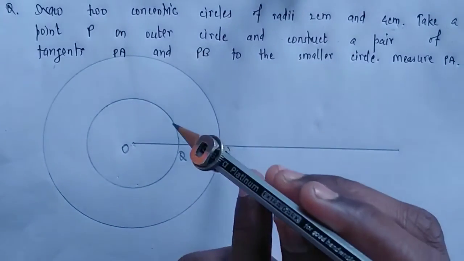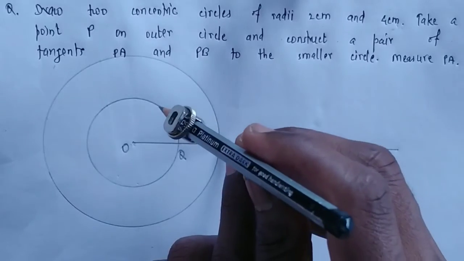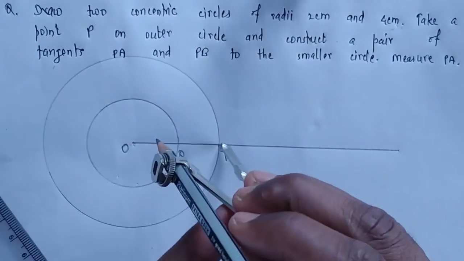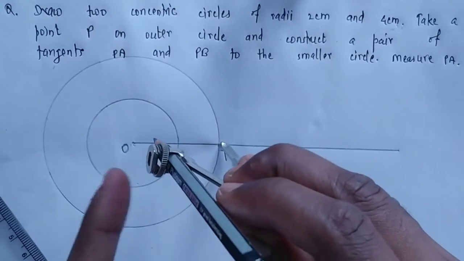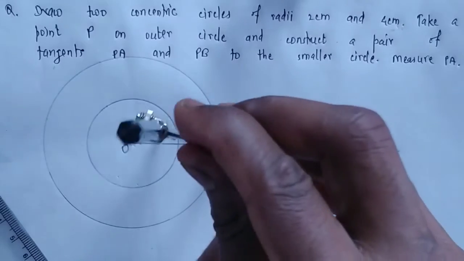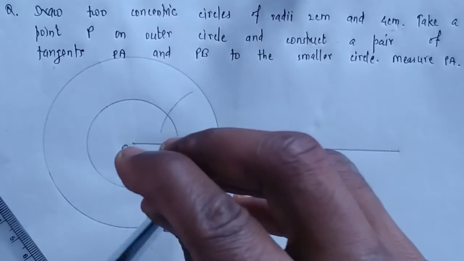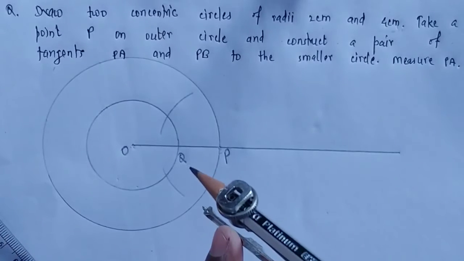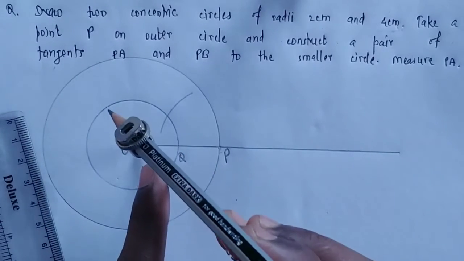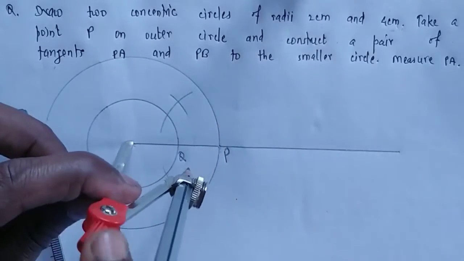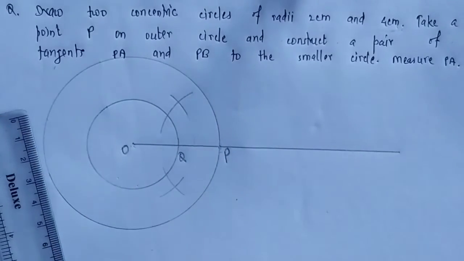First of all, we fix the needle of the compass at this point P, expand the compass more than half of OP, and draw arcs like this. Now lift the needle of the compass, fix it at the point O, and draw the arcs like this.